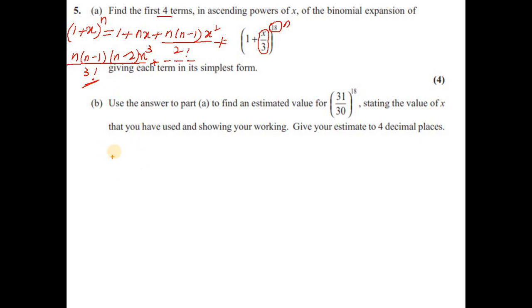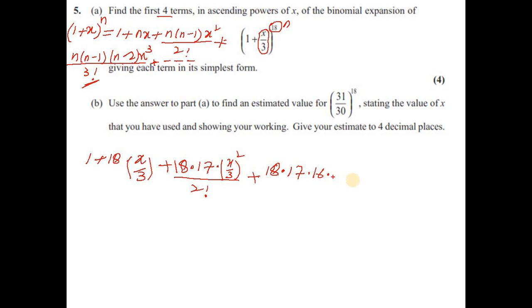Let's do it. 1 + 18 into (x by 3), this is your 1 + nx, plus n(n minus 1) so 18 into 17 into (x by 3) whole square divided by 2 factorial, plus the fourth term, 18 into 17 into 16 into (x by 3) whole cube divided by 3 factorial.